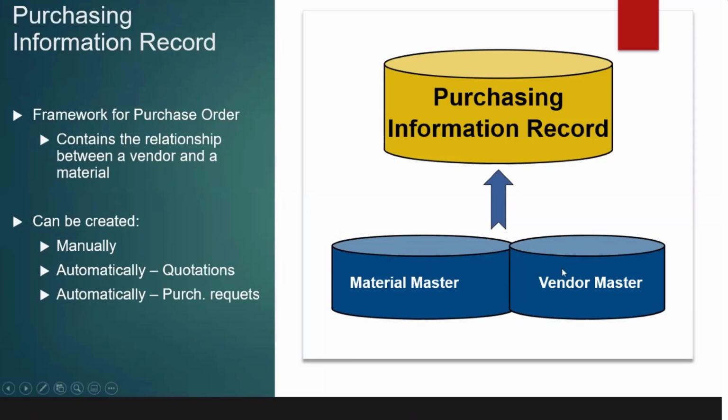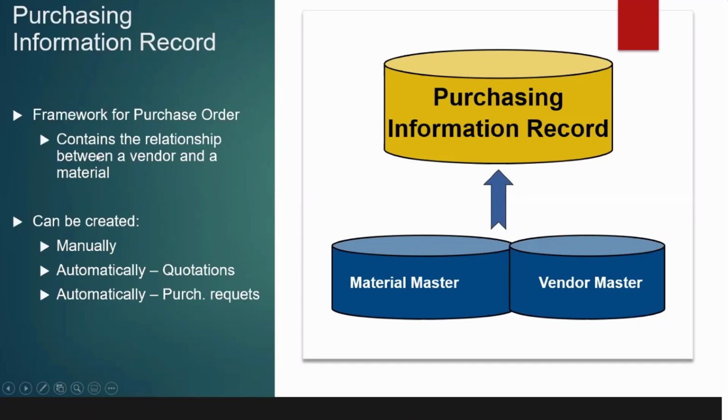So this means the price, we put it against the material and the vendor. If we buy the HP 2020, for example, from Electronic Extra, this is the price. But if we buy the same material from Algeria, this is the price.